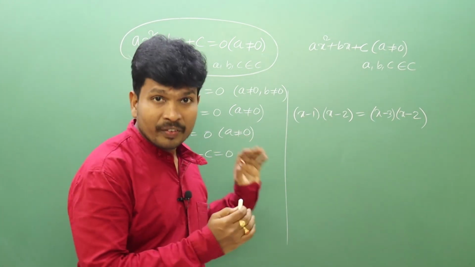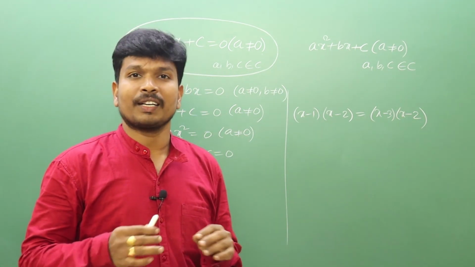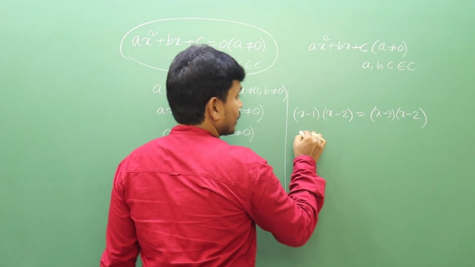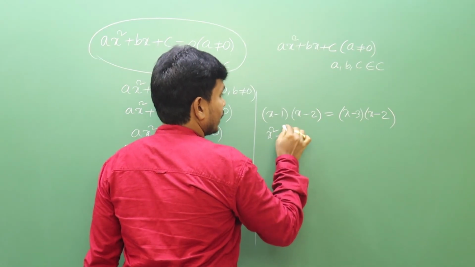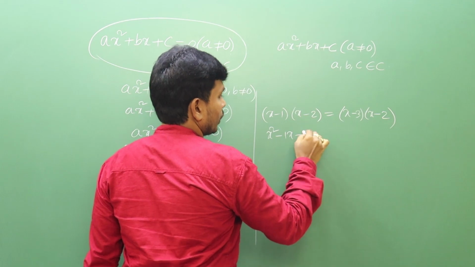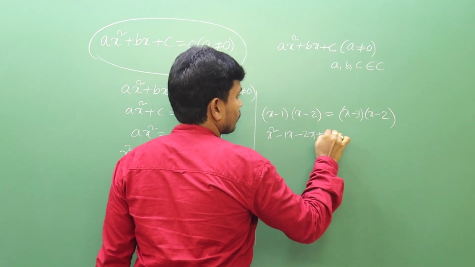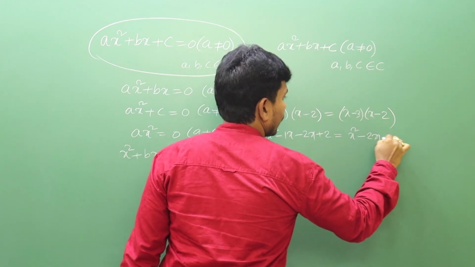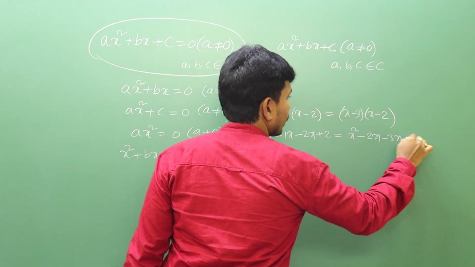You have to simplify it first, after that you say the answer. x into x, x², minus 1 into x, −x, minus 2 into x, −2x, minus into minus, plus 2, equals x² − 2x − 3x + 6.